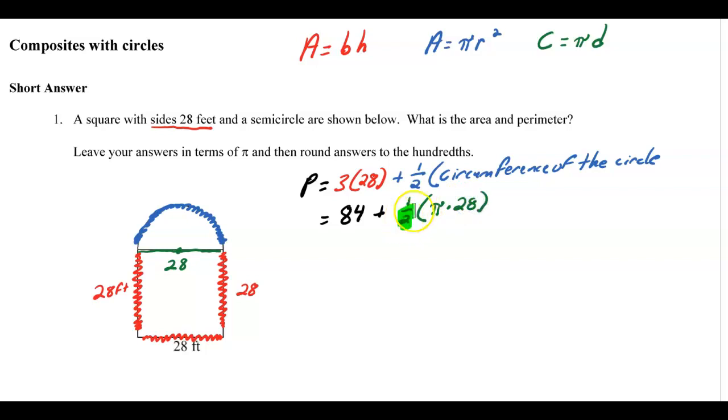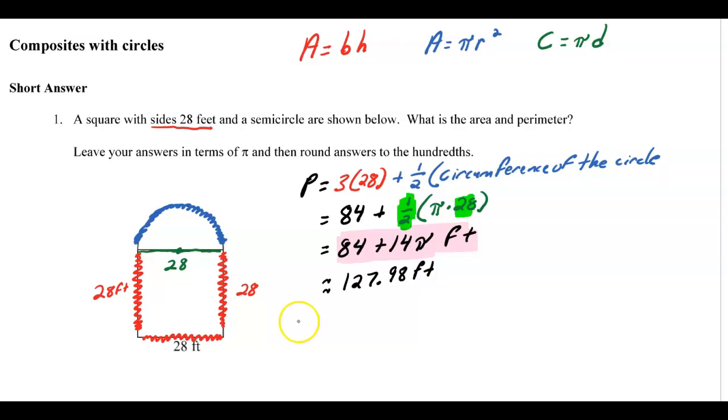If I just multiply the half and the 28, I will get the perimeter is 84 plus 14 pi feet. And this pink answer is the SAT answer. And then if I pick up my calculator to get the decimal, I will get 127.98 feet.